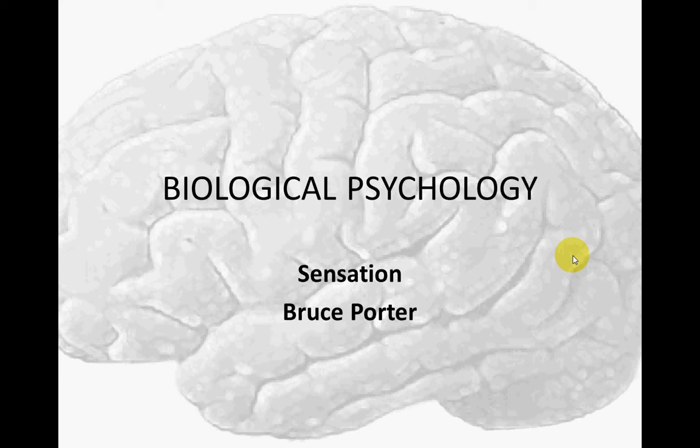The general law of specific nerve energies is that each nerve carries a particular sensation, such as vision or touch, and the brain interprets the nervous messages based on which cell carries the message, not based on the content of the message.